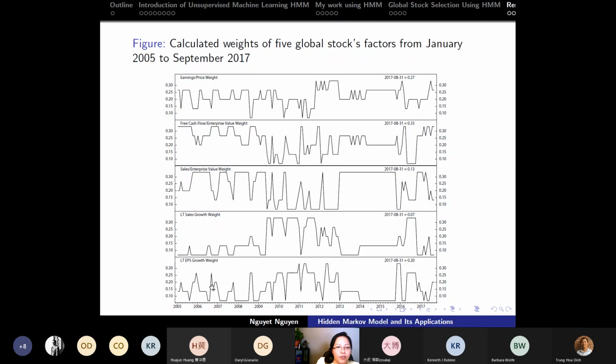After we define the weights, the earnings over price ratio, this one you can get from the company. Then you apply the weights that you calculated, and you have the score for the stock. We scale the score from 0 to 100 for each stock.